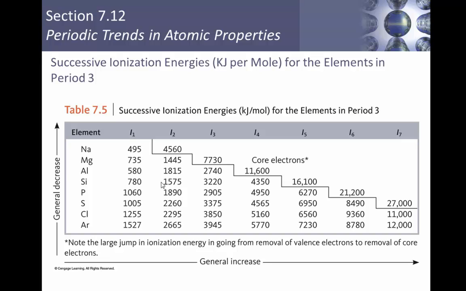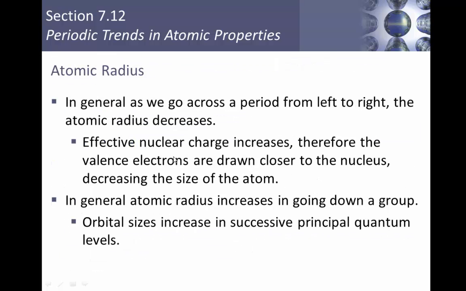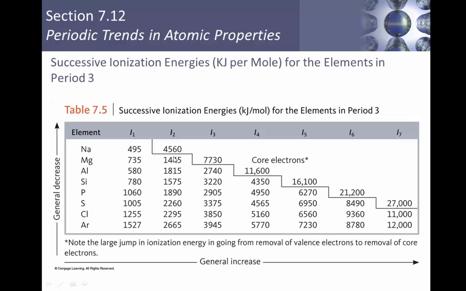So you see the staircase showing when the core electrons are trying to be removed. And again, it's showing you increasing. As you continue to remove electrons from the same atom, the ionization energy increases because the nucleus is becoming more positively charged.